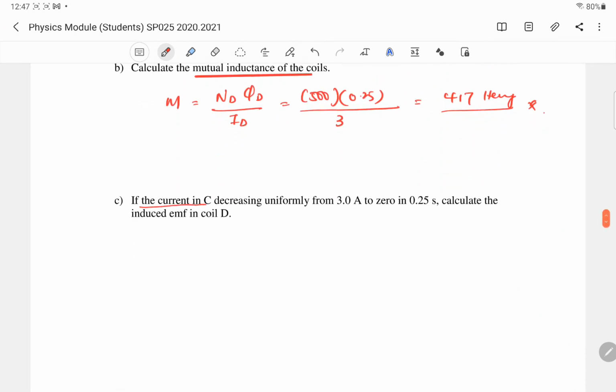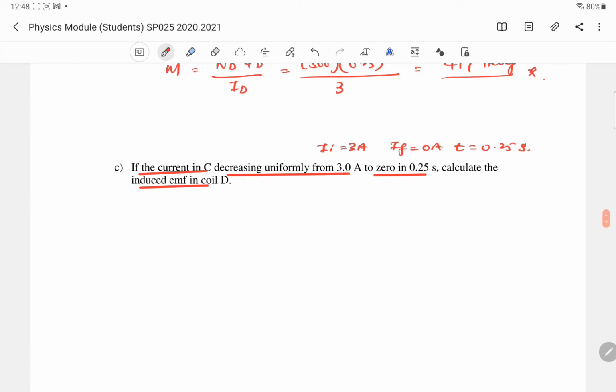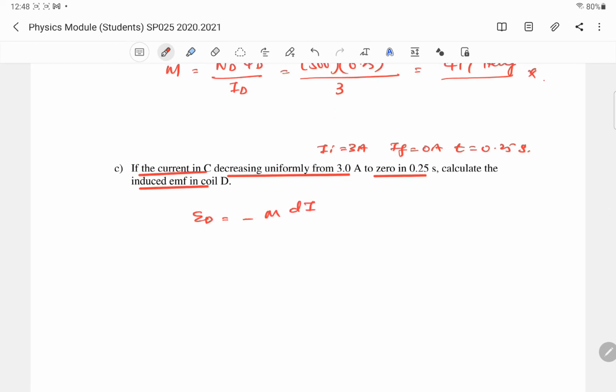If the current in C decreases uniformly from 3 to 0, so I initial is 3 ampere, I final is 0 ampere, t equals 0.25 second, calculate the induced EMF in coil D. So EMF D equals negative M dIC over dt.